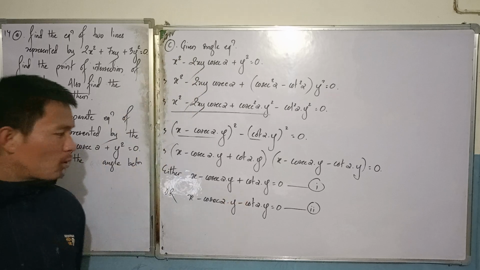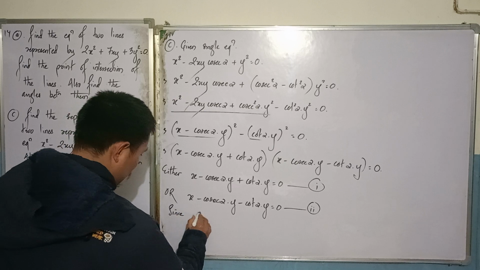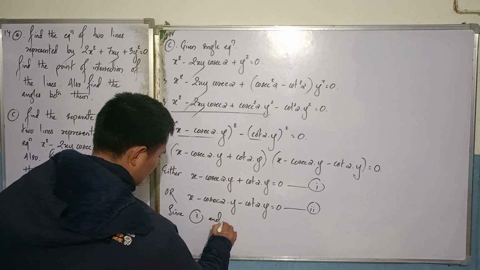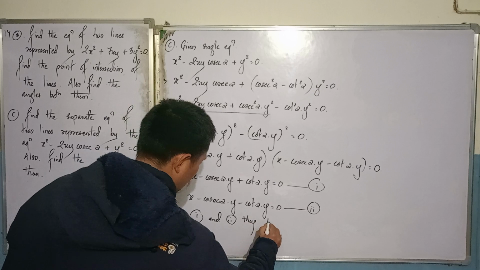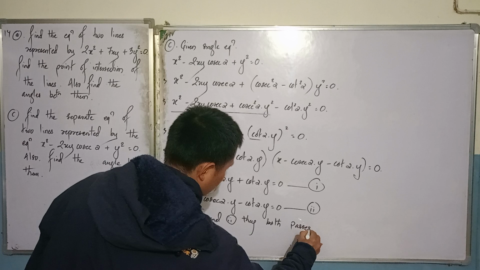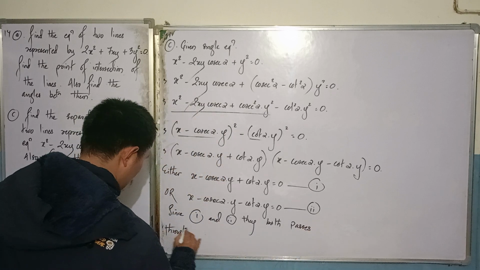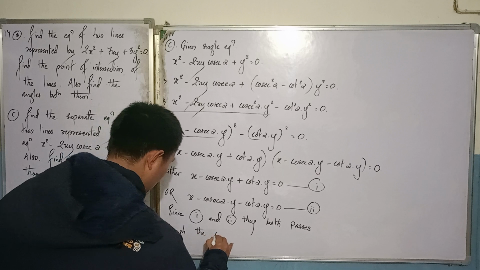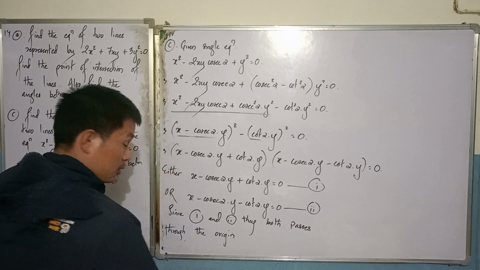Now after this, since I and double I both pass through the origin, therefore their point of intersection will be the same.